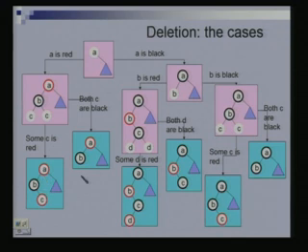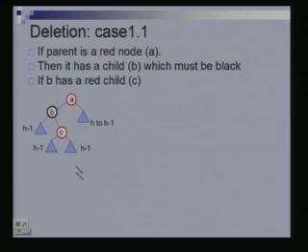So, this is what the picture would be. So, A, B, C, and this is the subtree whose black height has gone from h to h minus 1. Now, what will be the black height? All these heights are now black heights. What is the black height of this subtree?